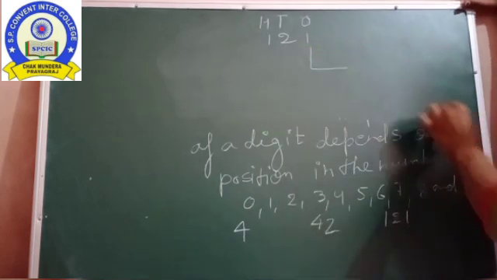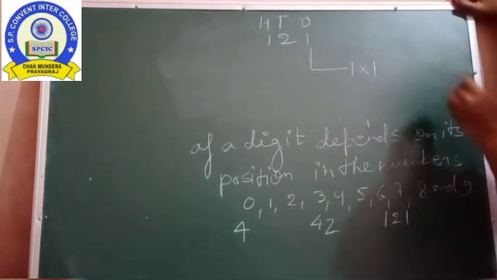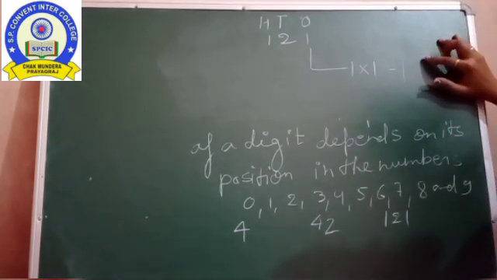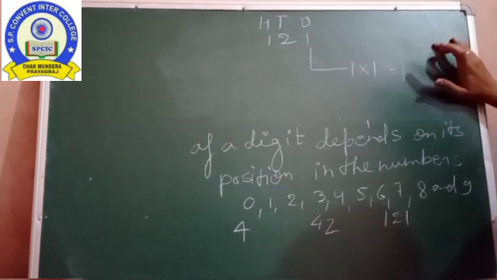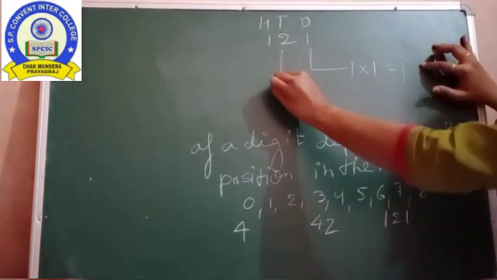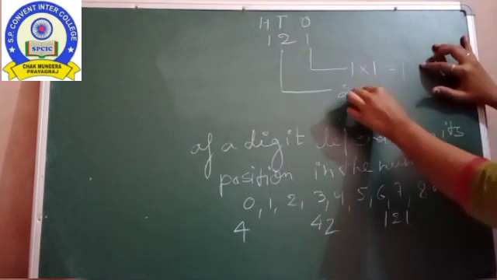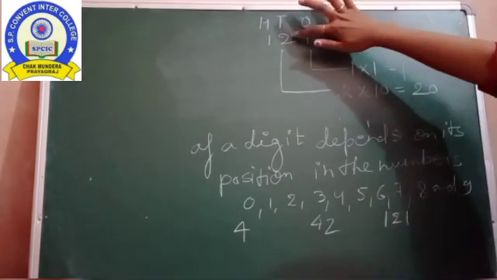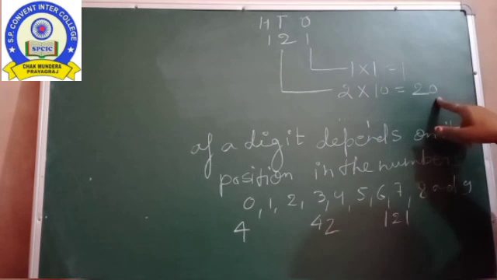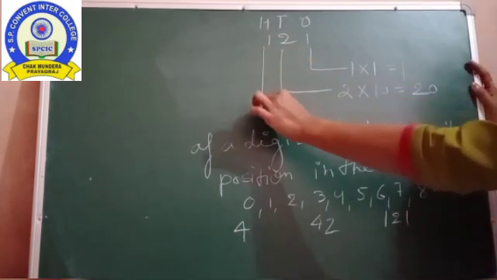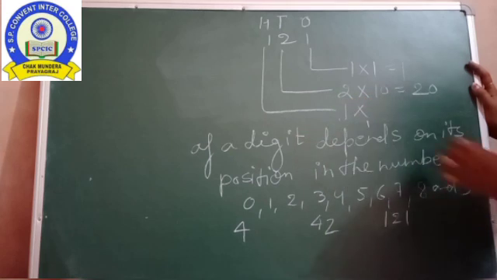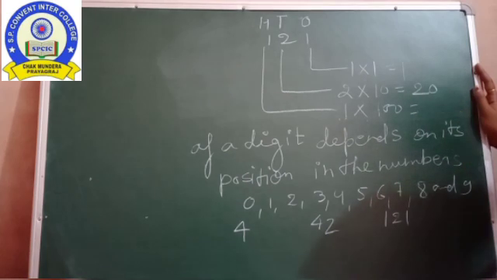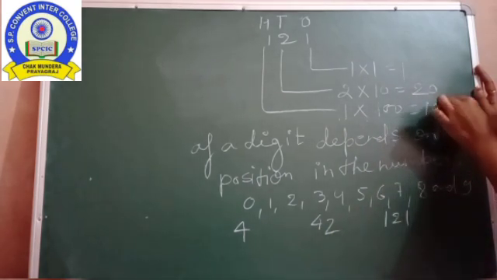Then the place value of 1 in ones place is 1 into 1, equal 1. 2 is in the tens place, so 2 into 10 means 20. 1 is in the hundreds place, its place value is 100.